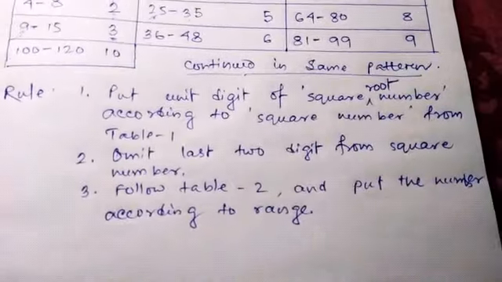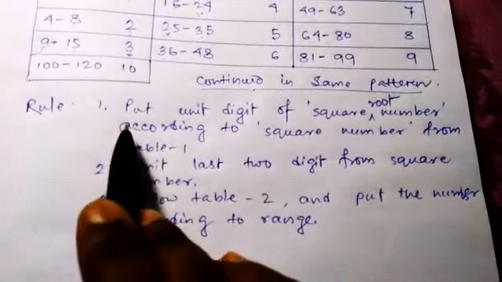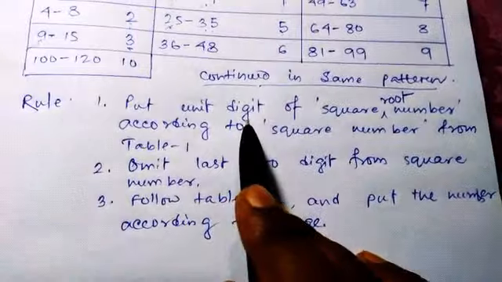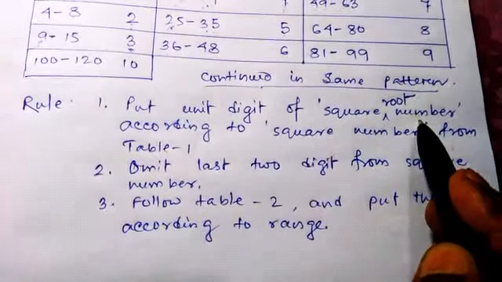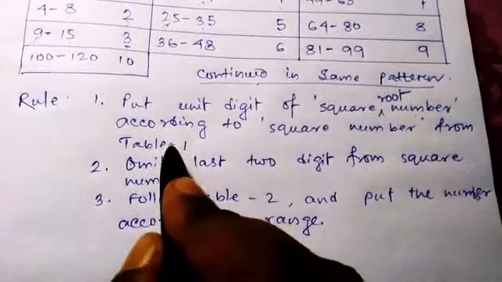Okay, now come to the rule. At first, put the unit digit of the square root number according to the square number from table 1.